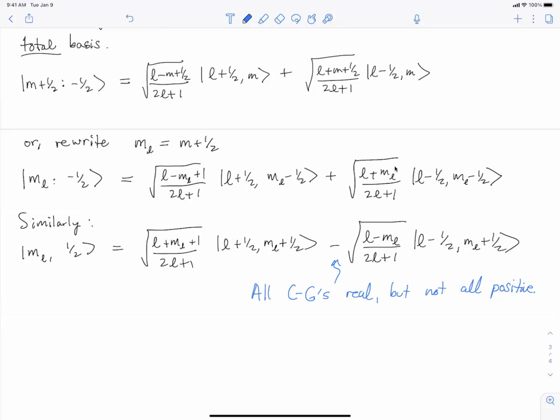In general, there's some of them that are chosen to be real and positive. And we talked about that as the Condon-Shortley convention. And in a few minutes, I'll give you the Condon-Shortley convention in general, how it works in general. But unfortunately, you can't choose them all to be positive.